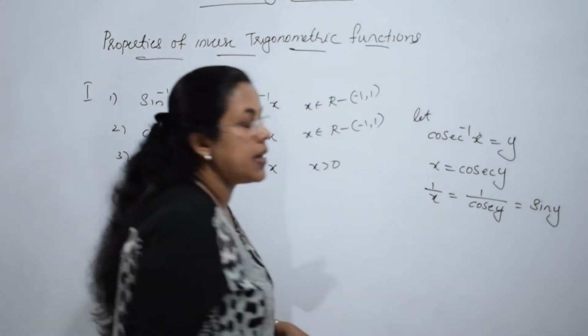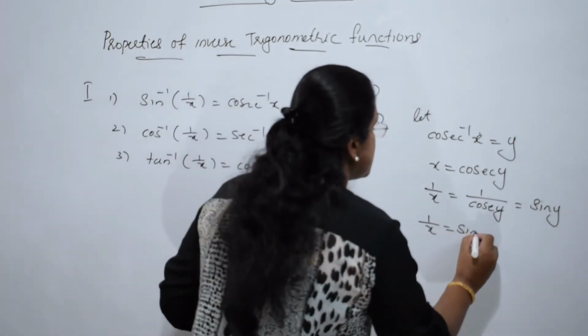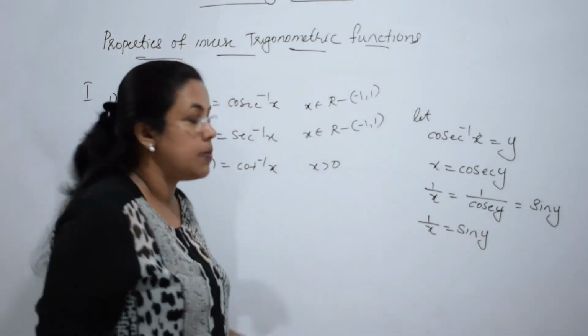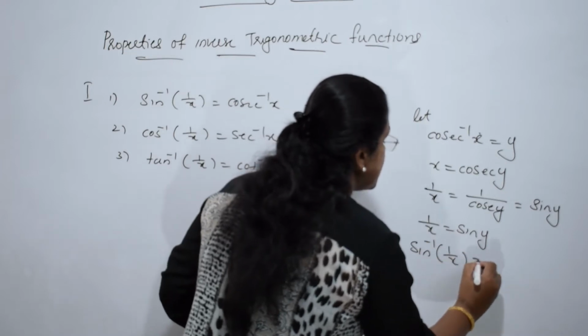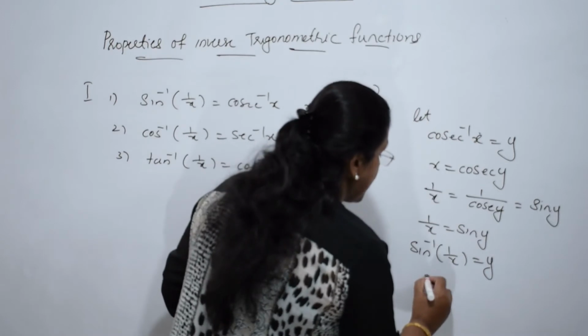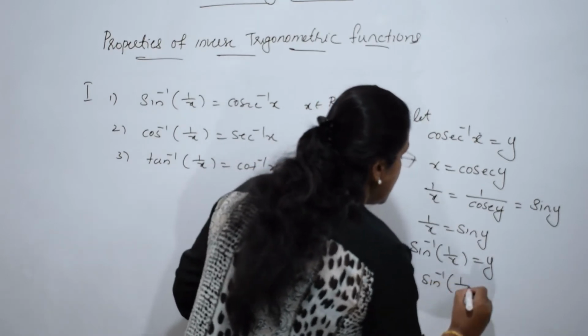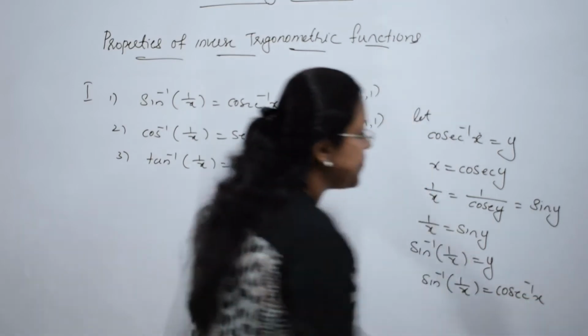That is, 1 by x is equal to sin y. Taking inverses on both sides, we get sin inverse 1 by x is equal to y. What is y? Cosec inverse x. So we can write sin inverse 1 by x is equal to cosec inverse x.